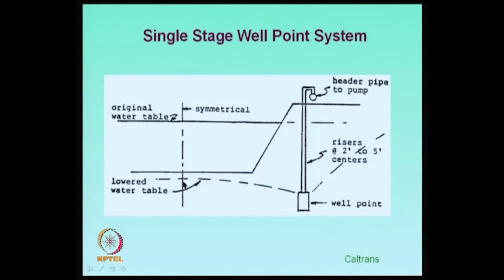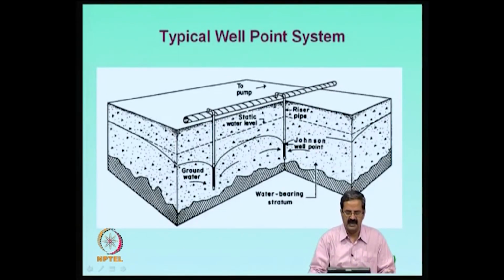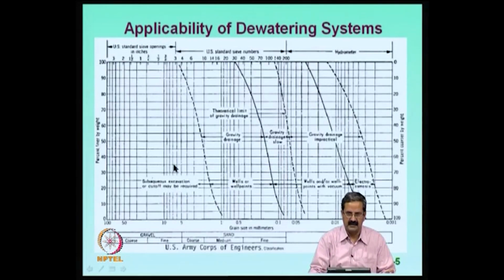So at least about 1 or 2 feet below the foundation level, the water should be drained off. This is a typical system in which you have headers and all that, and this is an example that I just discussed. This shows you the applicability of the different types of groundwater dewatering systems.